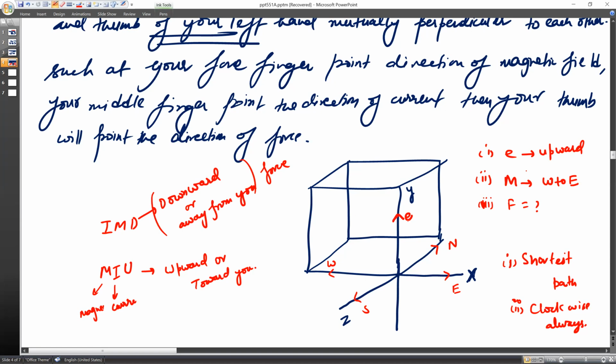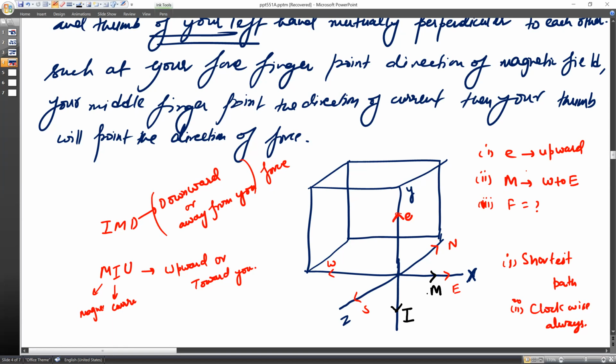So you know that if the electron is moving in this direction, then we always take the direction of current opposite to the direction of electrons. So we will say that this is the actual I, and the magnetic field direction is from west to east. Got it?